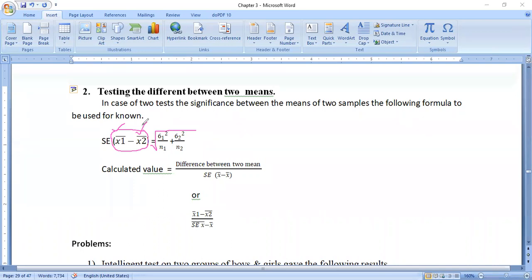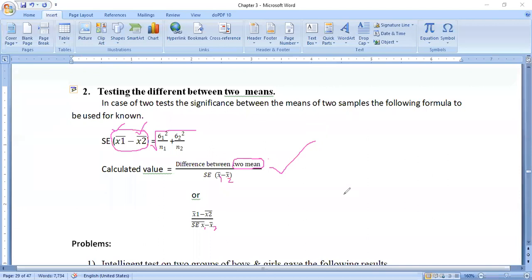Then the calculated value is the difference between two means divided by standard error of x bar 1 minus x bar 2. Or we can write directly x bar 1 minus x bar 2 by the standard error, but you need to focus on this formula only.